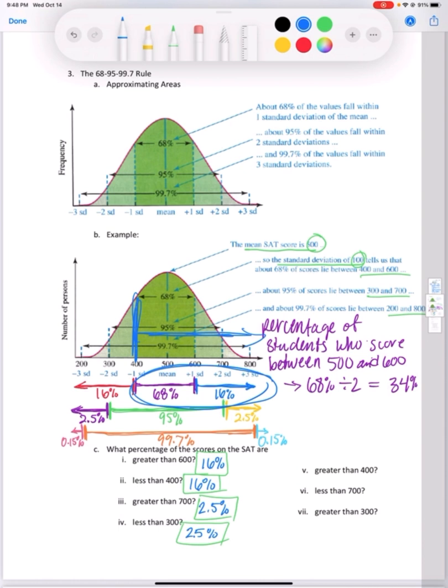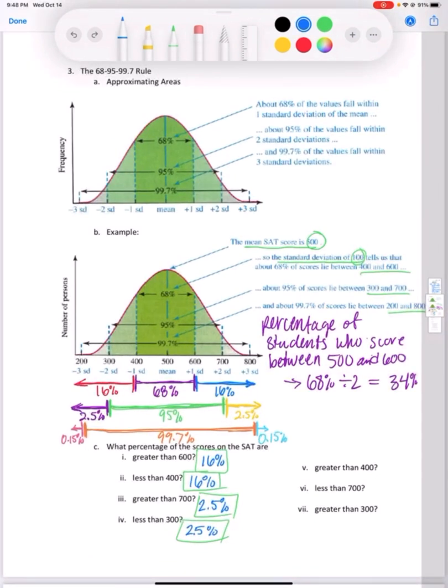So we'll add those to get the percentage of scores greater than 400. So we have 68% plus 16% is equal to 84%. So 84% is greater than 400.